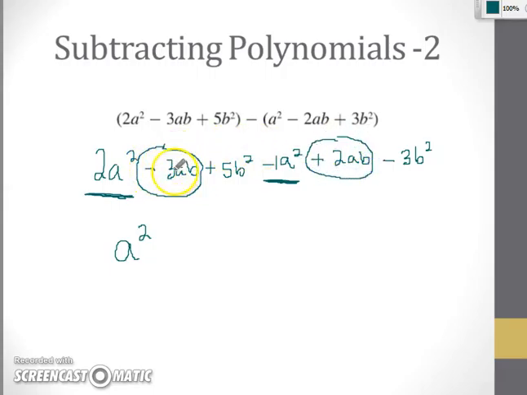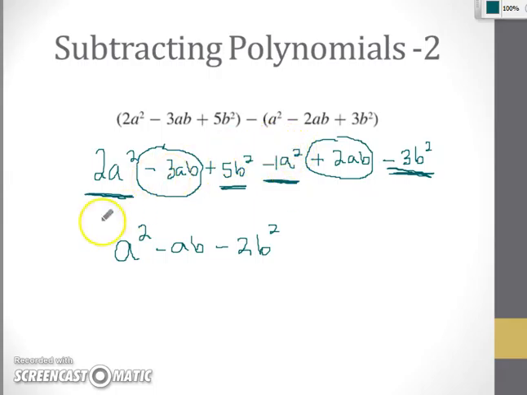So a negative 3 plus 2 would make this minus 1ab, or minus ab. And then we have a 5b squared and a minus 3b squared. 5 minus 3 is 2, so minus 2b squared.